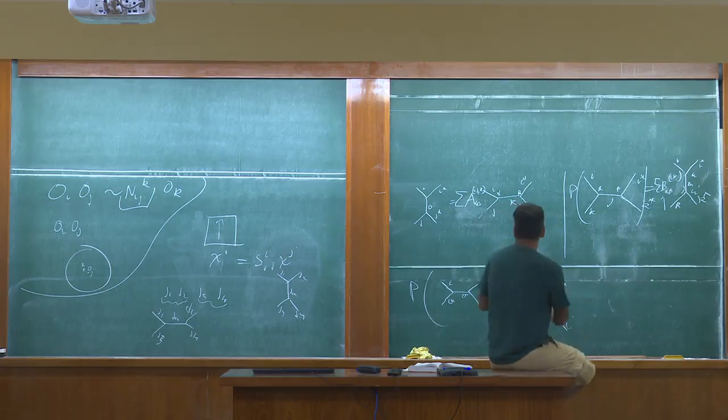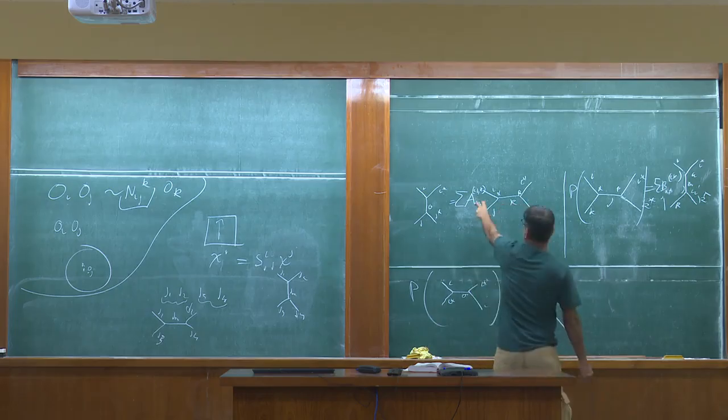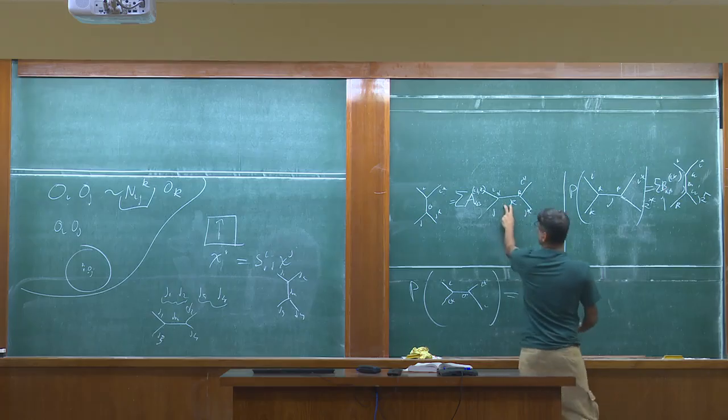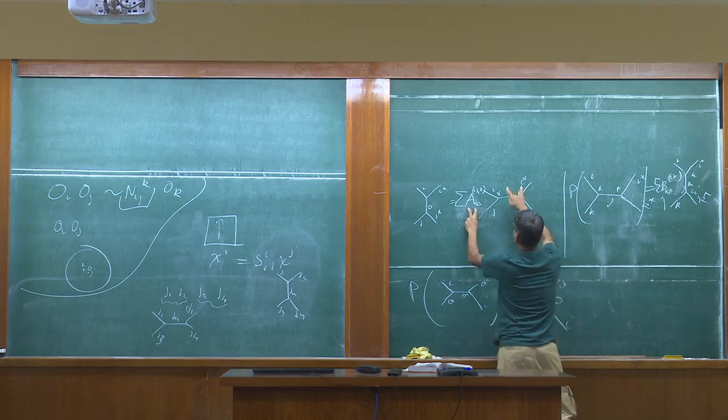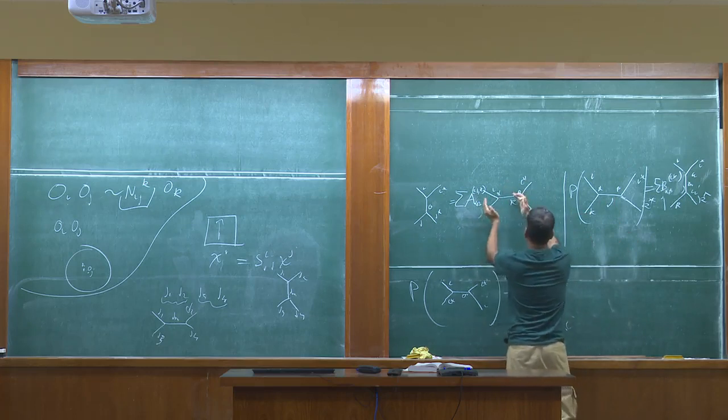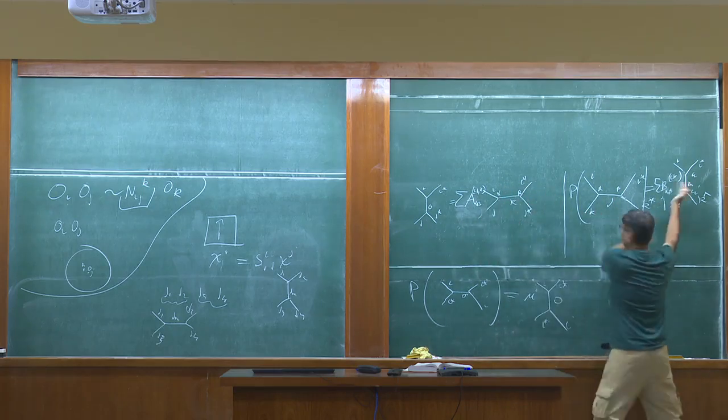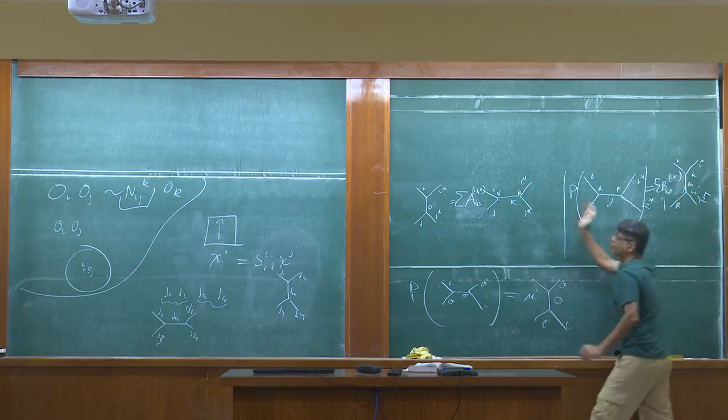But if I multiply A and B, A times part of what you get with B will give you back your thing.